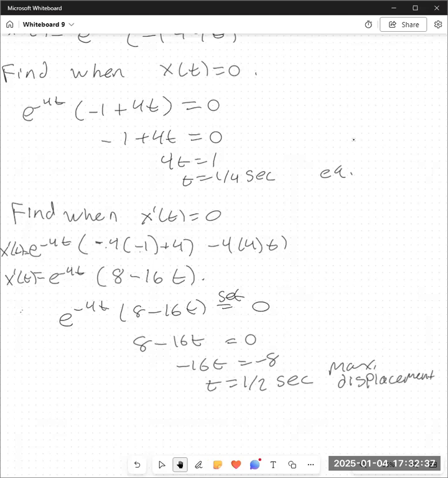And then it's going to ask what is the position of max displacement. So that's going to be x of 1/2 is equal to e to the -2 times -1 plus 4 times a half is 2. 2 minus 1 is 1, so that's going to be e to the -2, which is about 0.14, and then this is going to be measured in feet.